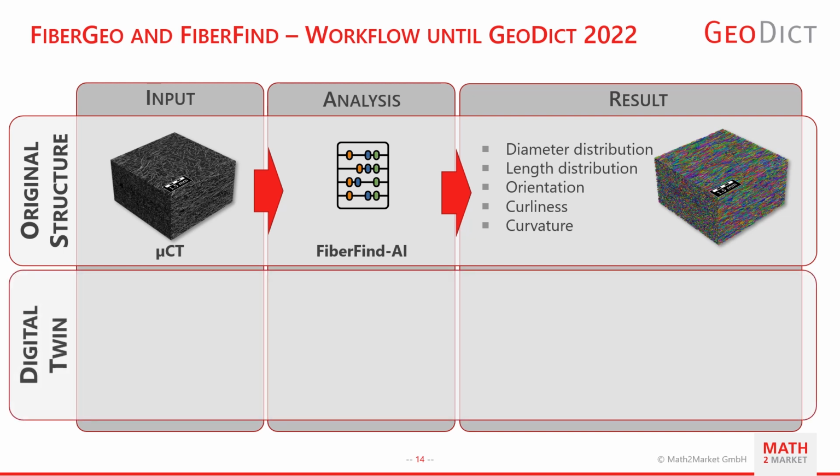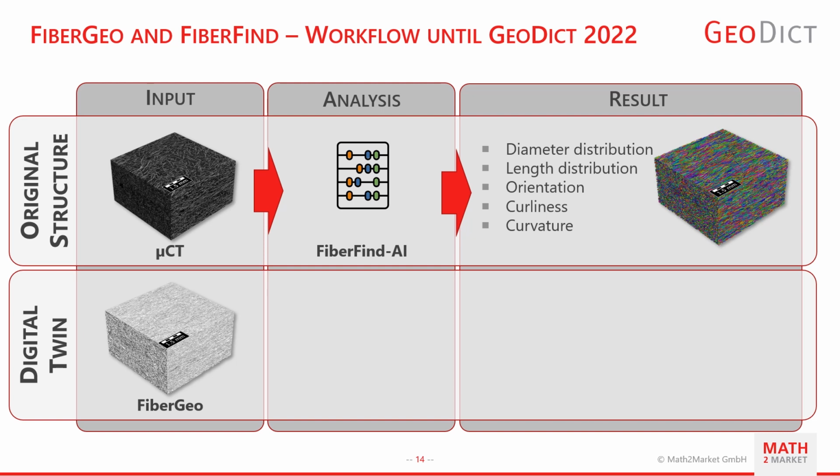With these parameters, we can then, to create our digital twin, go into FIB-Geo and enter most of them directly. We cannot enter all of them yet directly. For example, the curvature is described differently, and we have to use a bit of experience to get similar curvature parameters to what the original CT scan has.